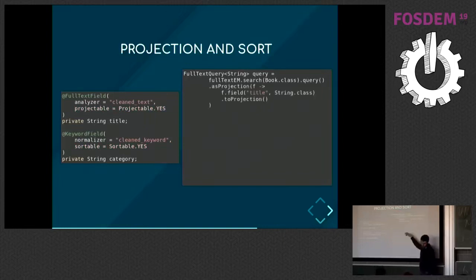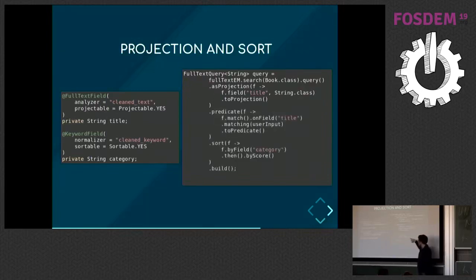You describe your projection. I want to project on the title field, and I expect it as a string. You use predicates. You can define a sort too on the category field, and then by score when the category is the same for two documents. You build your query and you retrieve the results as strings, since you mentioned you wanted the title as a string.